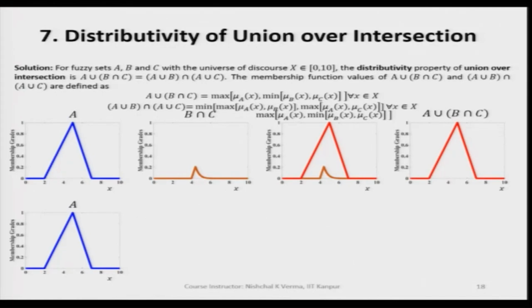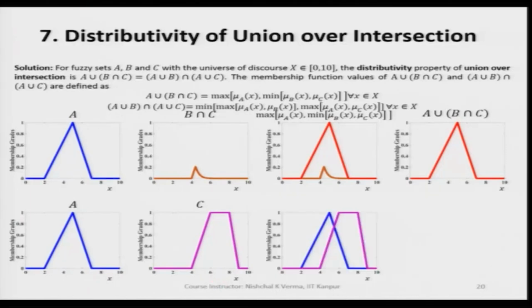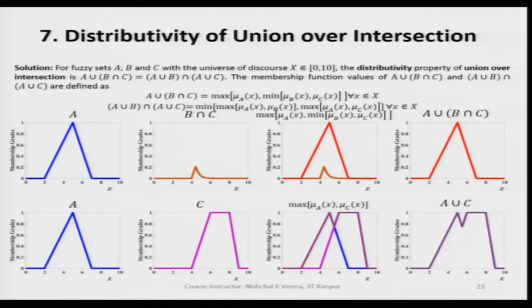Now we have to obtain A union C. When we have A fuzzy set here and C fuzzy set here, for A union C, when we overlap these two and apply the max criteria, we are going to get A union C here.